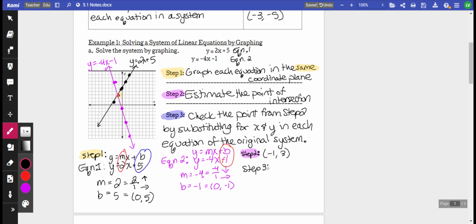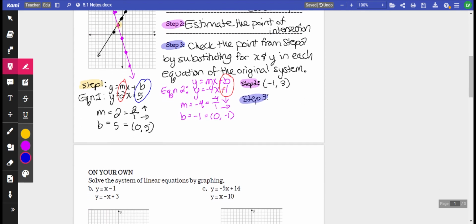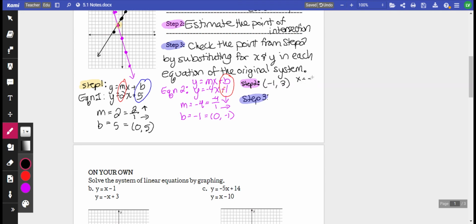Then I have step number 3. It says check the point from step 2 by substituting x and y in each equation of the original system. If I have negative 1, 3, that means x equals negative 1, y equals 3.